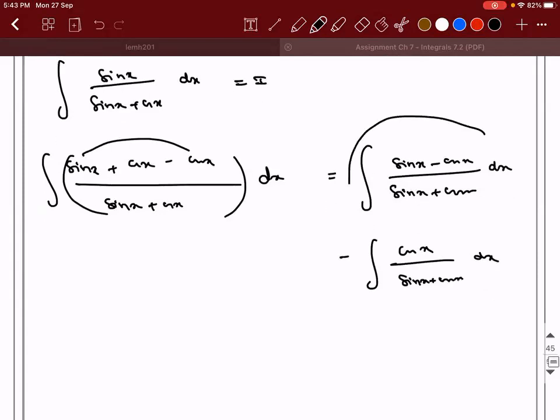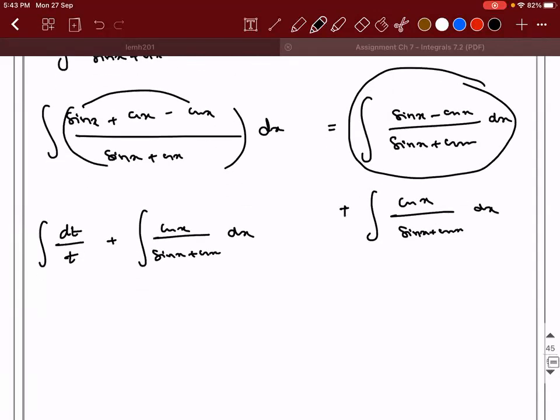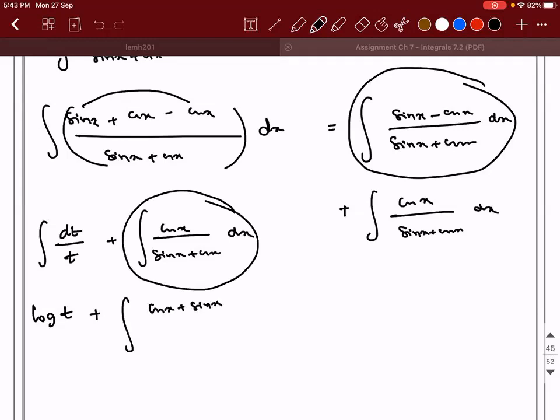Now, sir, what is this thing? Shouldn't it be plus integral of cos x? Yeah, it should be plus. Plus integral of cos x divided by sin x plus cos x dx. Correct? This should be log t plus what will happen here? Integral of cos x plus sin x divided by sin x plus cos x minus sin x dx.